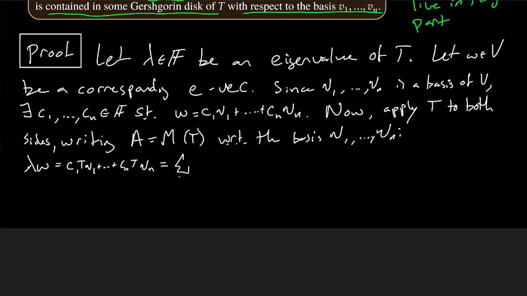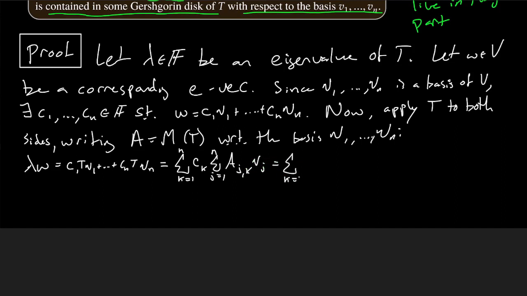So I've got my sum with k equals 1 up to n of ck, and then T vk, well, we know how to write that. This is just going to be a sum with j equals 1 up to n of a_jk vj. So all I have to do is bring that c on inside.